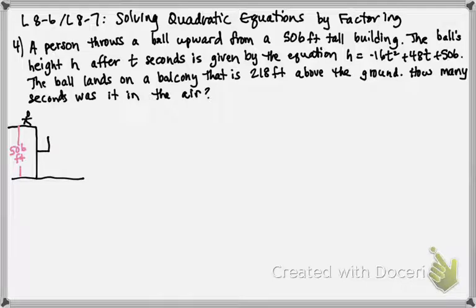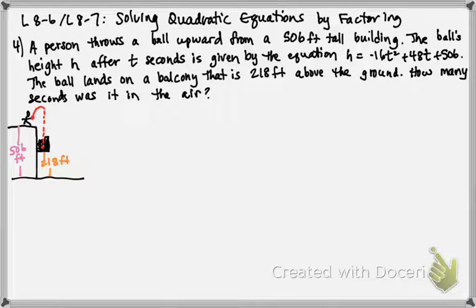So here's the balcony, and it's got some sort of railing so they won't fall out, and the distance that it is from the ground is 218 feet. So that's from here to there. So the person tosses the ball in the air, and it lands on the balcony, okay?